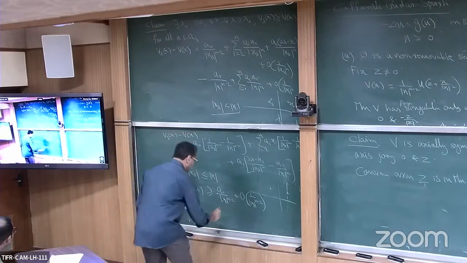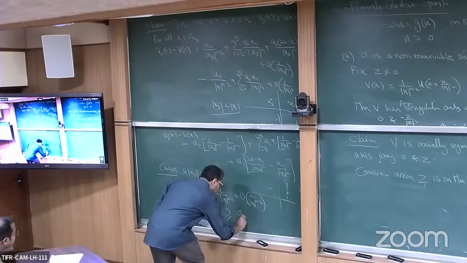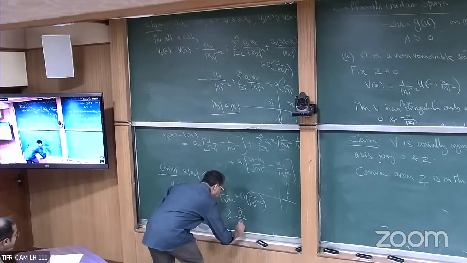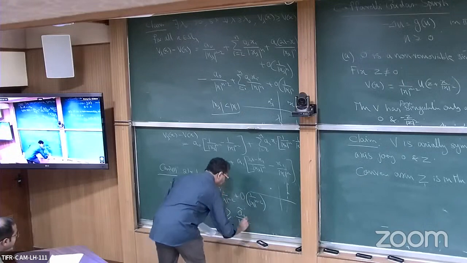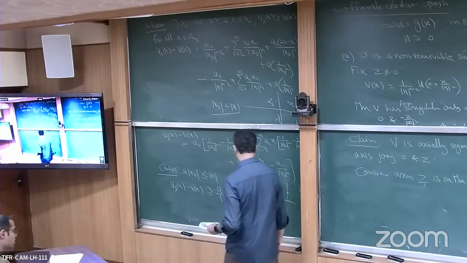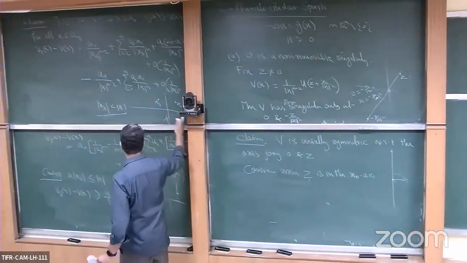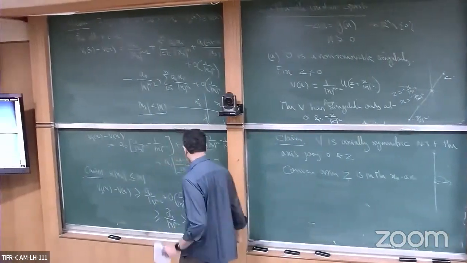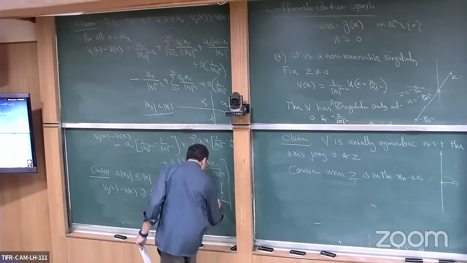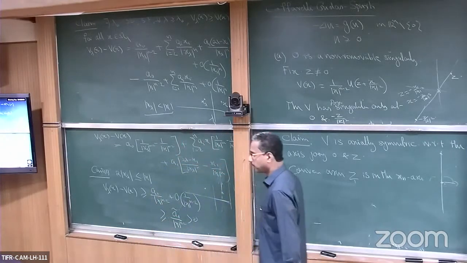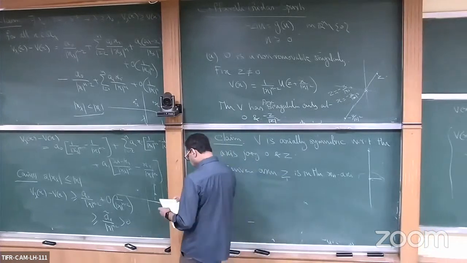And this basically you can write as some a0 delta by mod x to the power n minus 2. This is going to be positive when mod x is large, which can be achieved when lambda is large. So now basically you want to deal with some point somewhere. So that I will split into two.